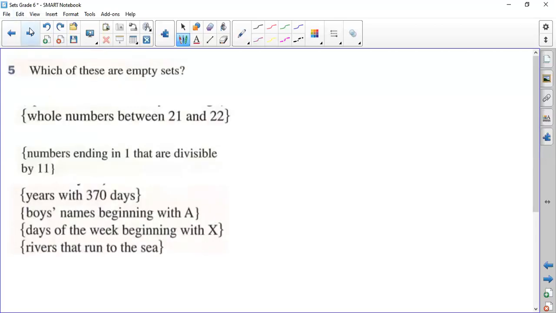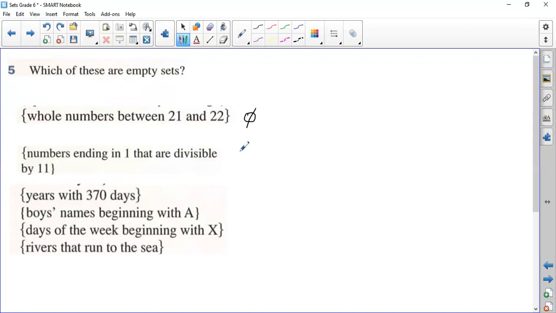Now let's check which of these are empty sets. Whole numbers between 21 and 22. Is this an empty set? Of course it is. We don't have whole numbers between 21 and 22. Numbers ending in 1 that are divisible by 11. For example, 11 ends with 1 and is divisible by 11.